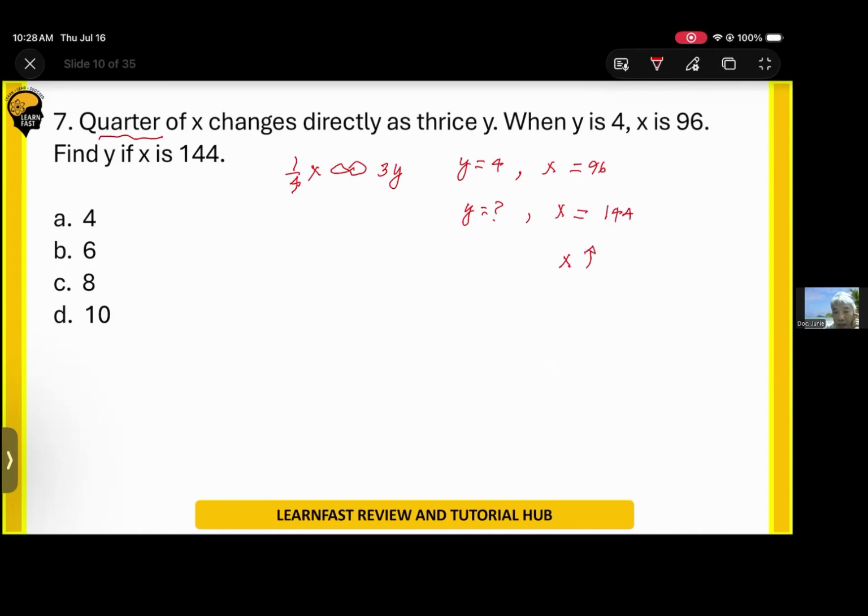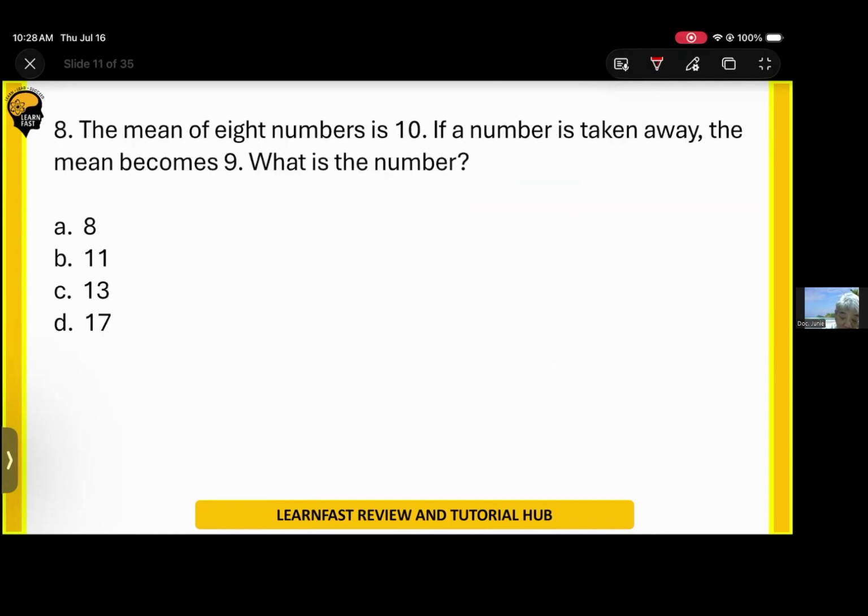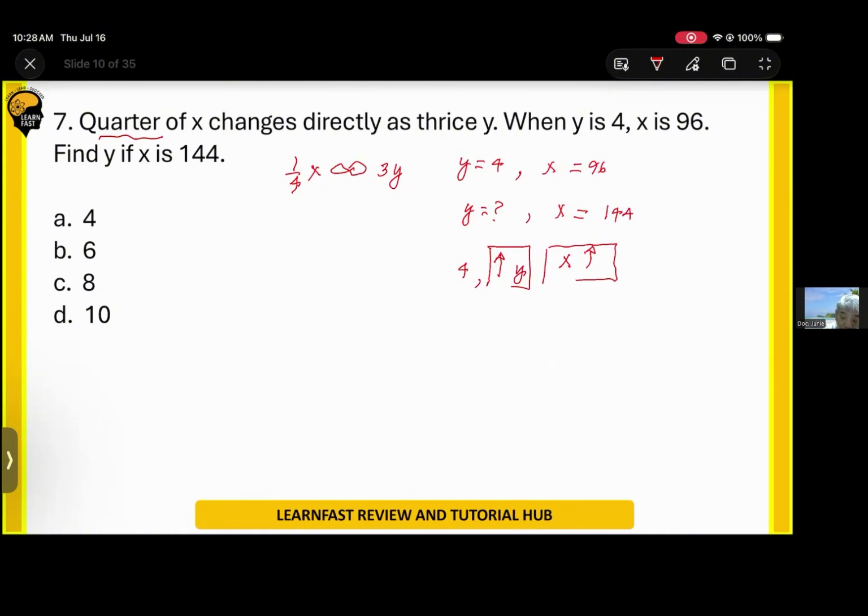So what is your expected value for y? For y started from 4, we expect that to increase. So y will increase also. X increases, y will increase. From 4, you're asked to find out what will be the value of y. So this is the original value of y.